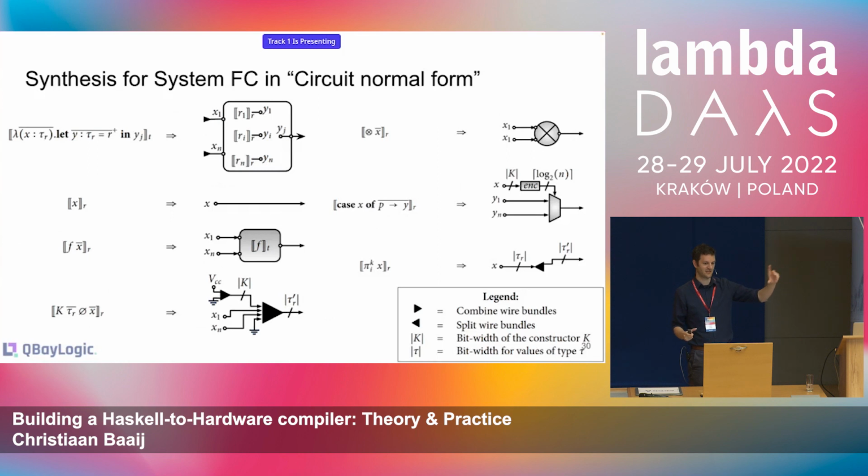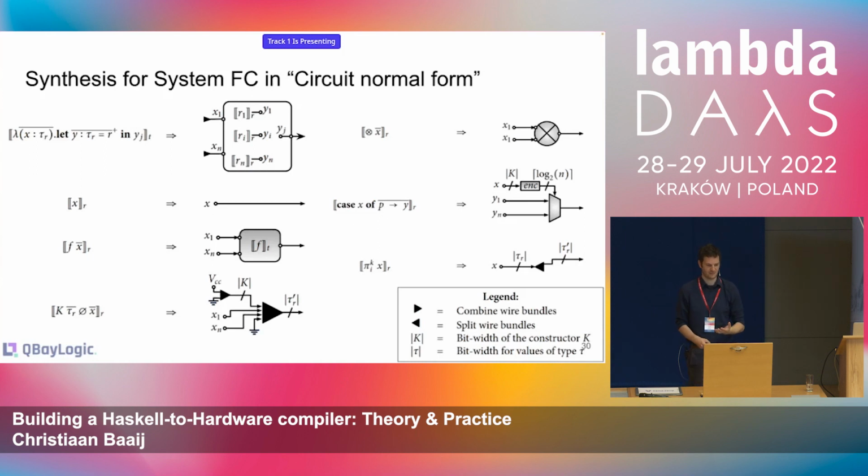All the lambdas are going to be the inputs to the circuit. And then everything in the let expression is going to be our sub-circuits within our larger circuit. And again, variable references can either connect to one of the arguments or to one of the outputs created by our sub-circuits.